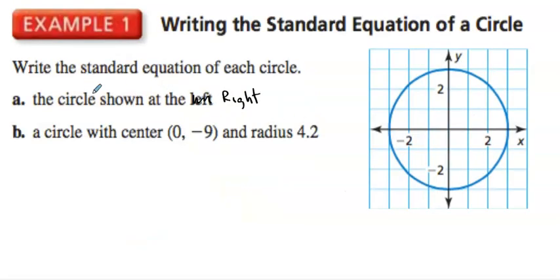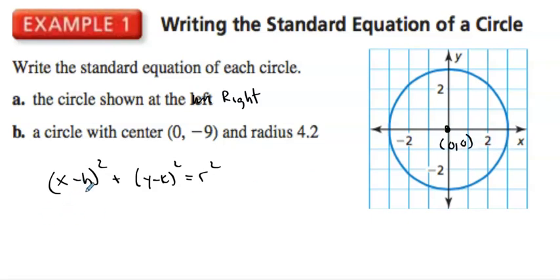All right, so let's take a look at an example. This is example 1 in your book. I changed the picture around, so write the standard form of the equation. So x minus h squared plus y minus k squared equals r squared. All right, for this picture here on the right, the center is 0, 0.